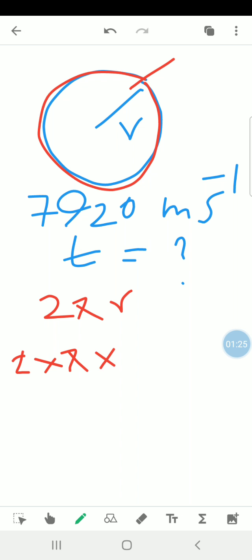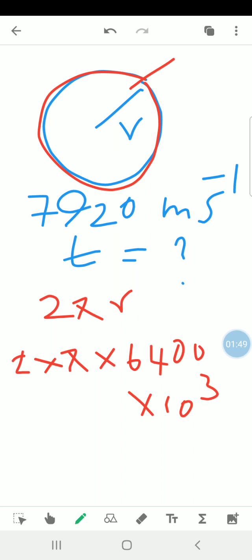Then r is going to be 6,400 multiplied by 10 to the power 3, because 6,400 kilometers has to be converted into meters.